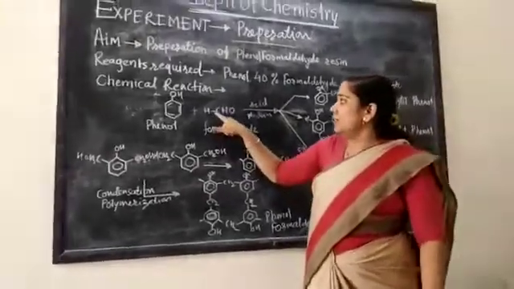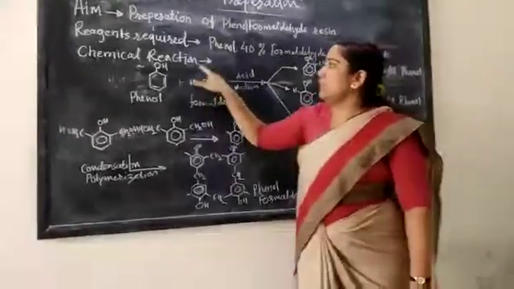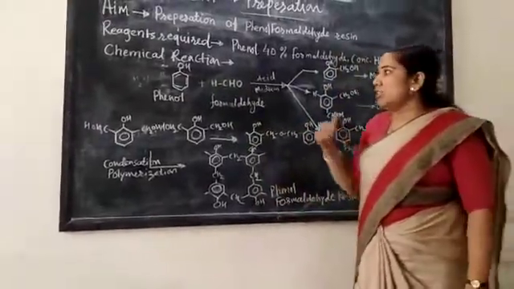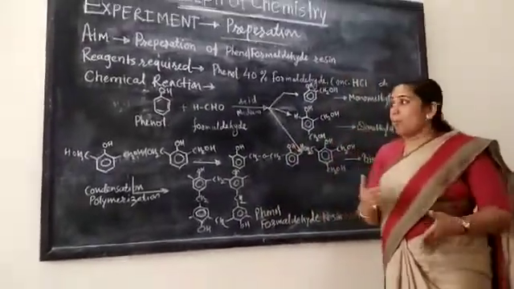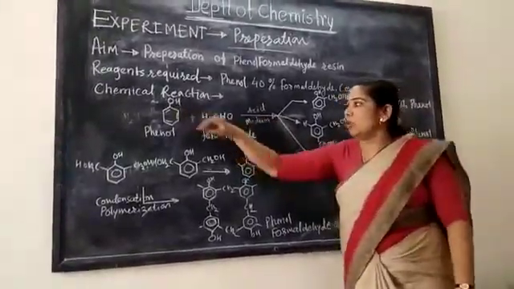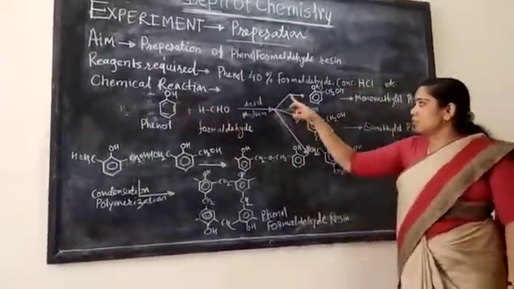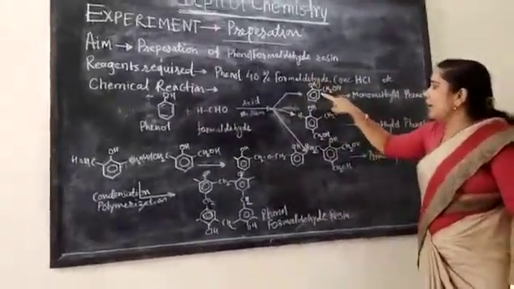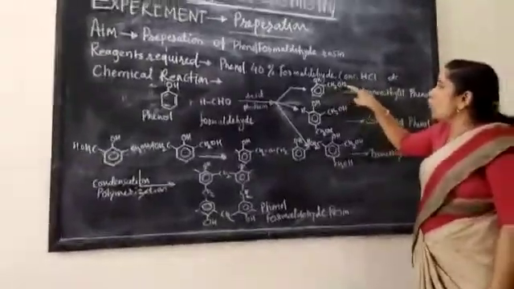So that's why this CH2O can be attached to the first position or the third position or the fifth position. In this way, in different proportions, there is a formation of CH2OH attached to the phenol. Here you can see, in the first arrow this phenol is there and at the first position CH2OH is there.